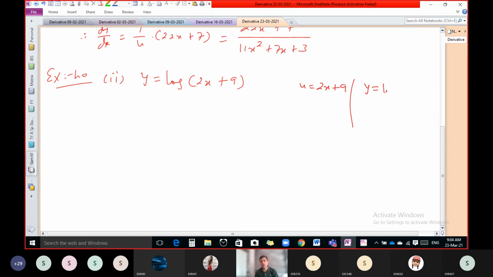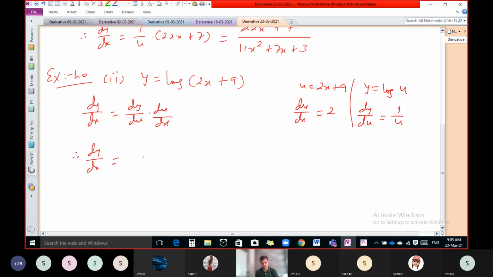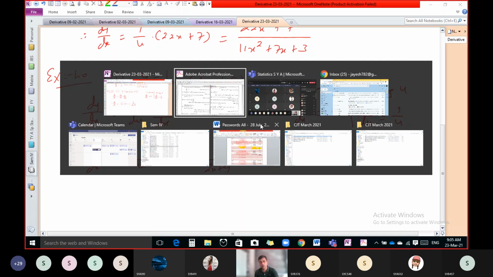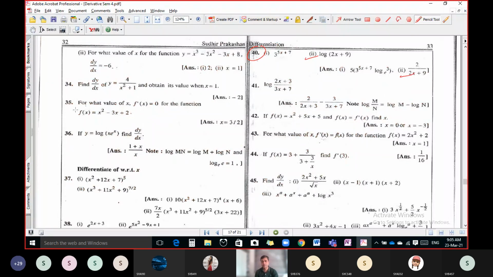So y becomes log u. The derivative of u with respect to x is simple, it is 2 only, and the derivative of y with respect to u is 1 upon u, and by chain rule dy by dx is nothing but dy by du into du by dx. So simply multiply this, you will get the answer. So dy by du is 1 upon u and du by dx is 2. So my answer is 2 upon u, but u is 2x plus 9. So 2 upon 2x plus 9, that is the answer.